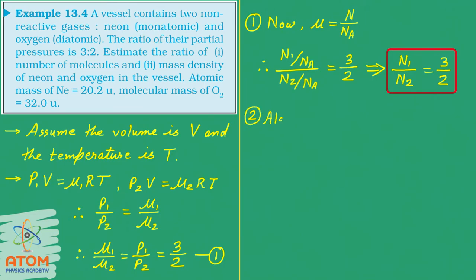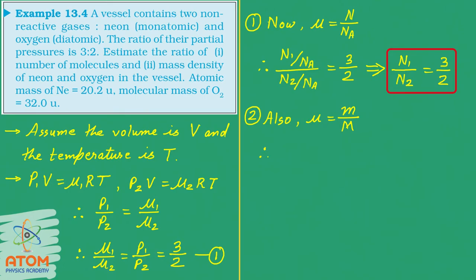Here again we will use another definition of mole number mu, and that is mu is equal to m upon capital M, where small m is the mass of gas and capital M is the molecular mass of the given gas.